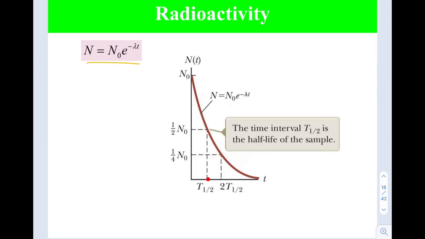So half-life means the duration, the period needed for the nuclei to decay or disintegrate and become half of the original amount. So from that, now our N is N naught over 2, which is equivalent to N naught e to the negative lambda T half.